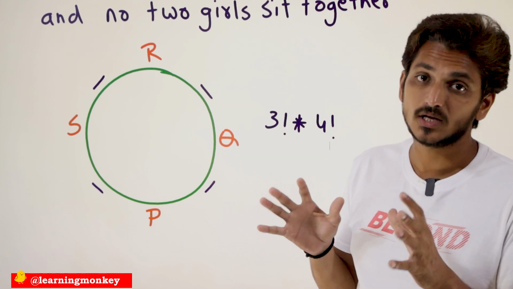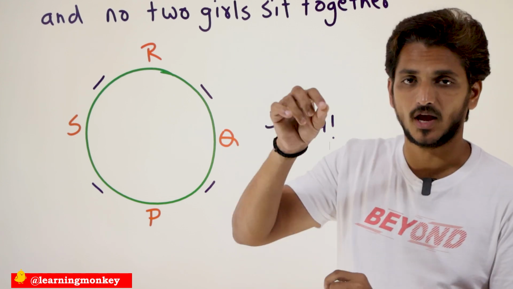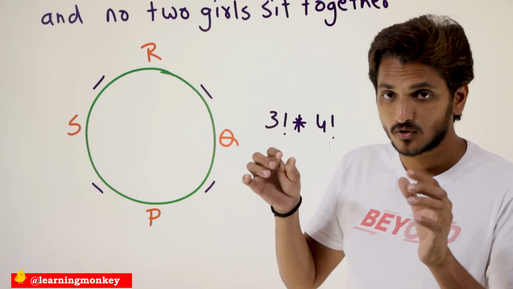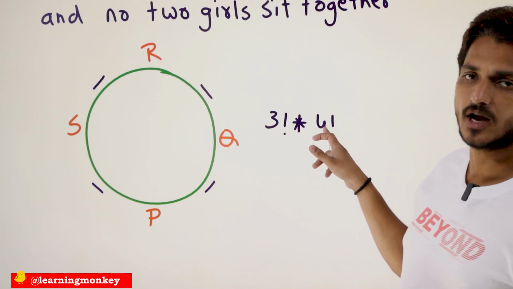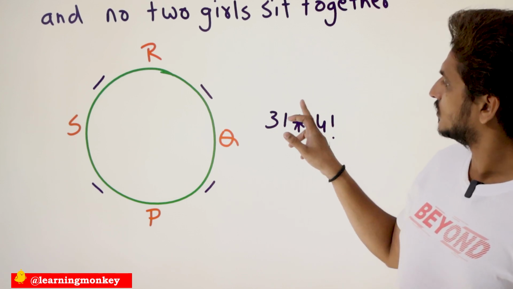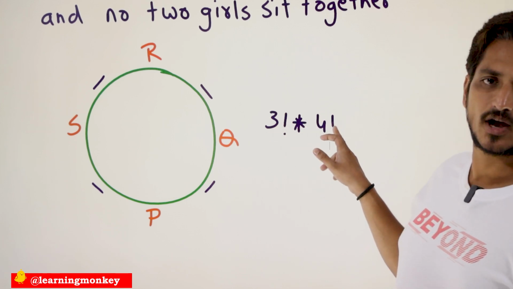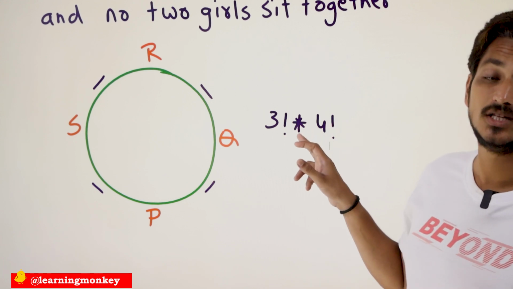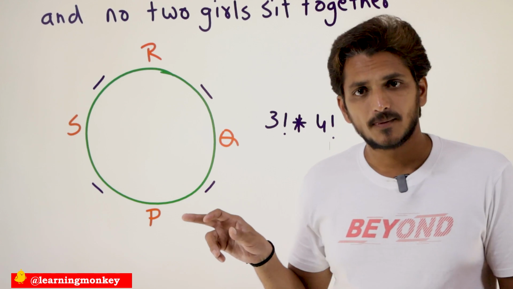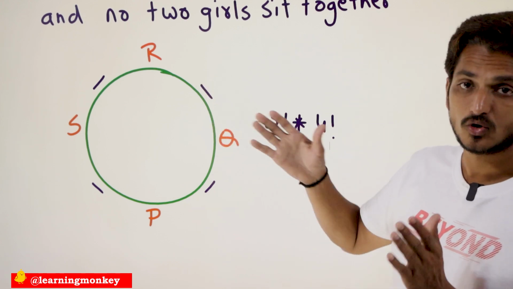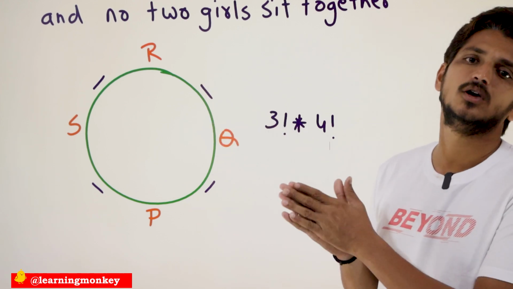Girls we don't need to consider in a circular way. We take them as 4 positions filled with 4 girls, which is 4 factorial ways. So 3 factorial multiplied by 4 factorial is the number of possibilities if no 2 boys sit together and no 2 girls sit together.